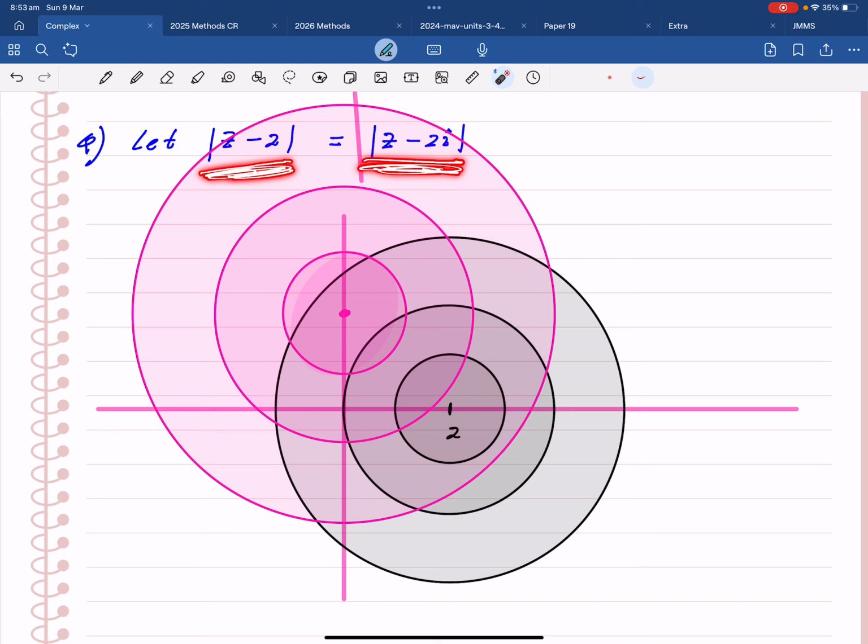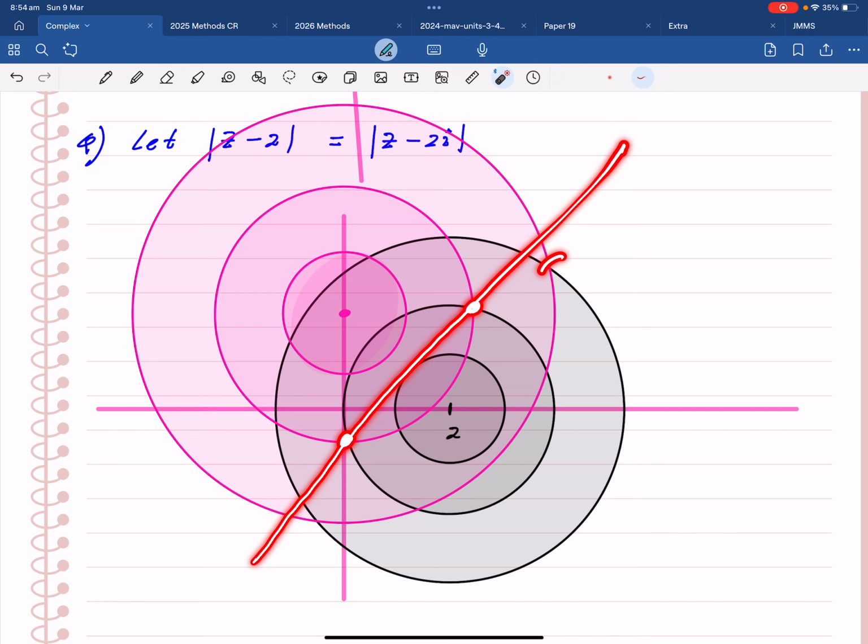These two circles are equal to each other here. And if you properly draw this one, if you extend it, this cut should be somewhere here. This is not properly drawn. This cut should be somewhere here.